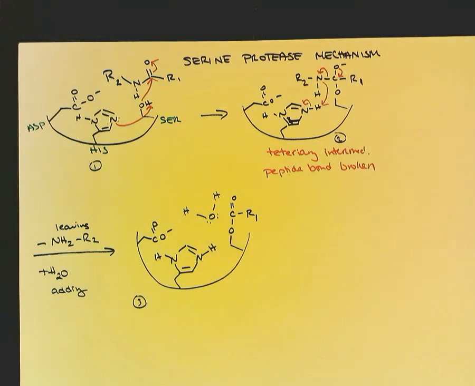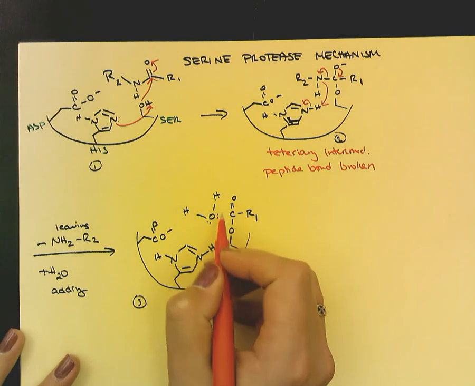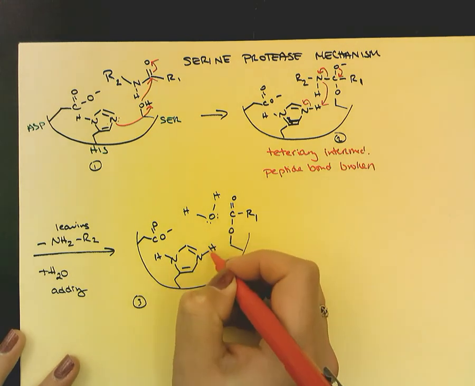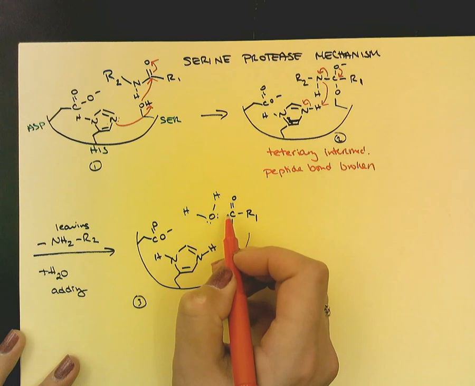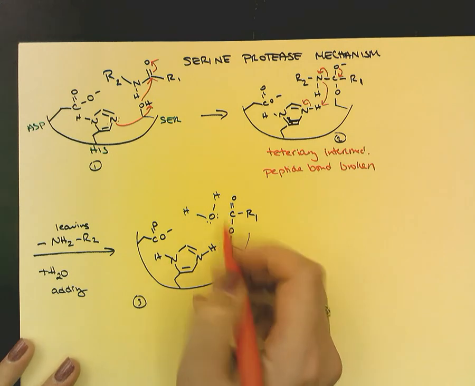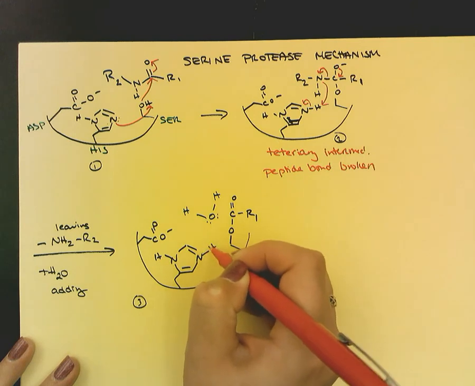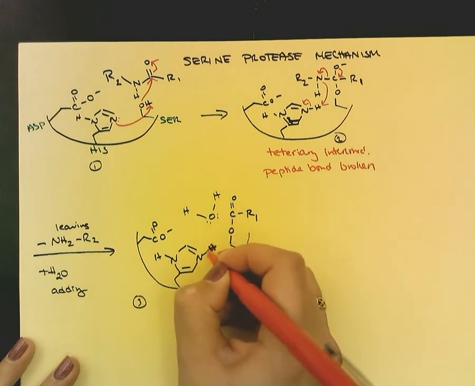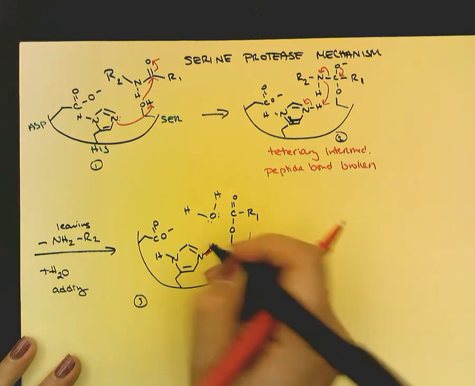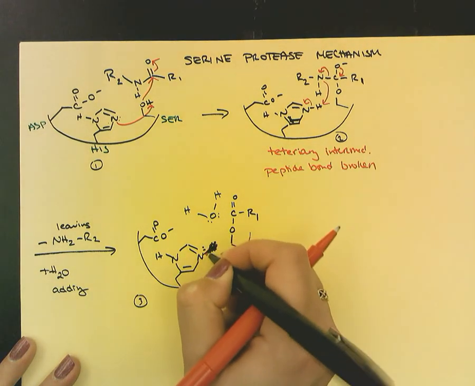All right, so my water has now entered the active site. What you're trying to do is cleave this little fragment off, because that's messing up your active site. So this oxygen is going to enter the active site and donate a proton to histidine. Oh, sorry, I drew it on there too early. That should be a lone pair. So no H there yet, sorry.